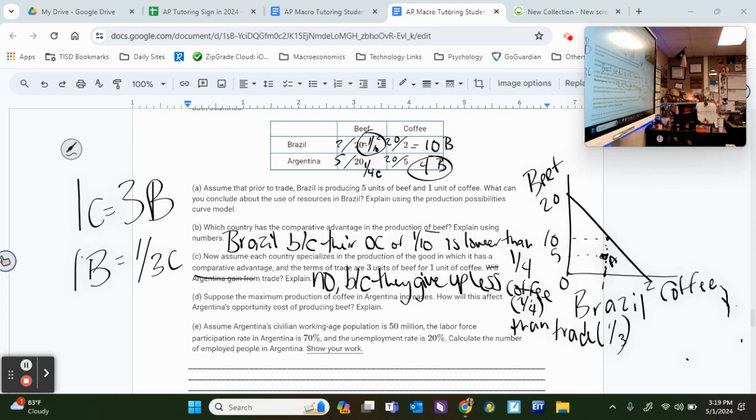All right. Talk about D and E with a friend. See what they got, see what you got. Compare. I said I did the opportunity cost of producing meat. How many zeros are in the table? I don't know if I change it to where it's... You would change this to maximum coffee in Argentina. So coffee in Argentina is 5, I would make it 10 and then do the math again.